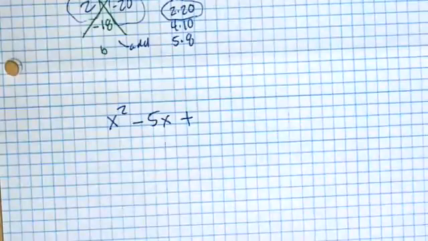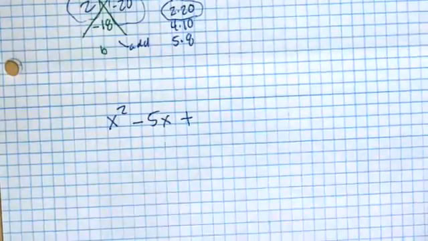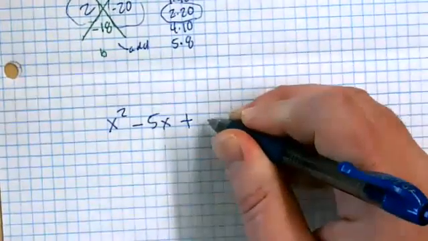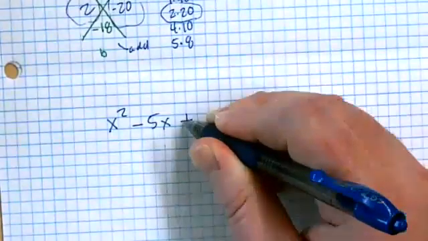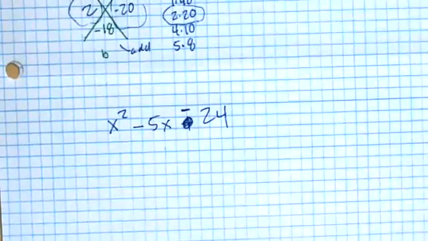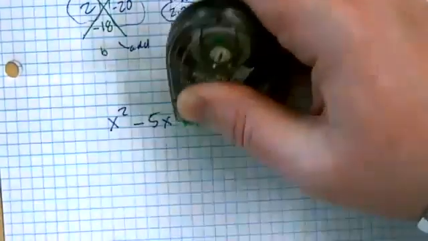I'm having a hard time coming up with one of these. 24. That's not plus, it's minus 24. My bad. X squared minus 5x minus 24.